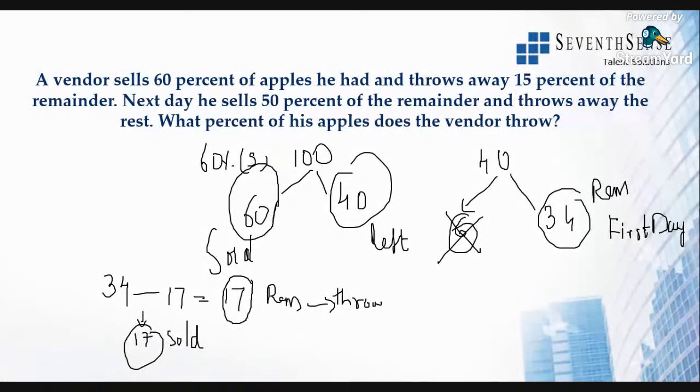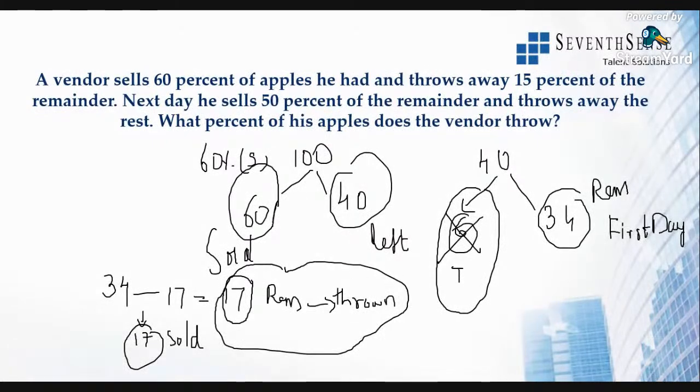So now what are they asking? Find the percentage of his apples that were thrown. Here, 6 apples thrown on the first day. Second, it is 17 apples. So totally, he is throwing 23 apples.